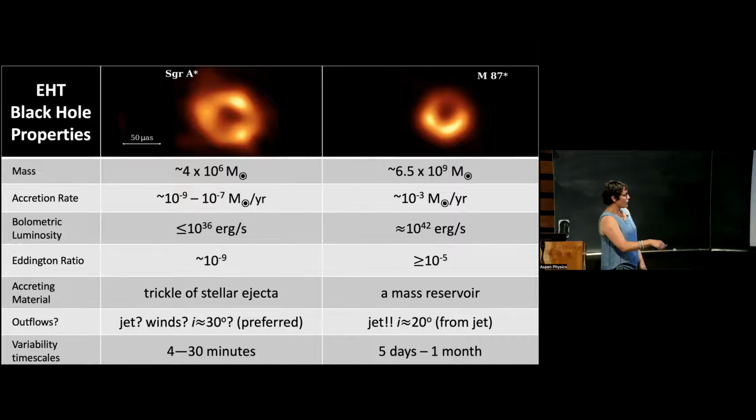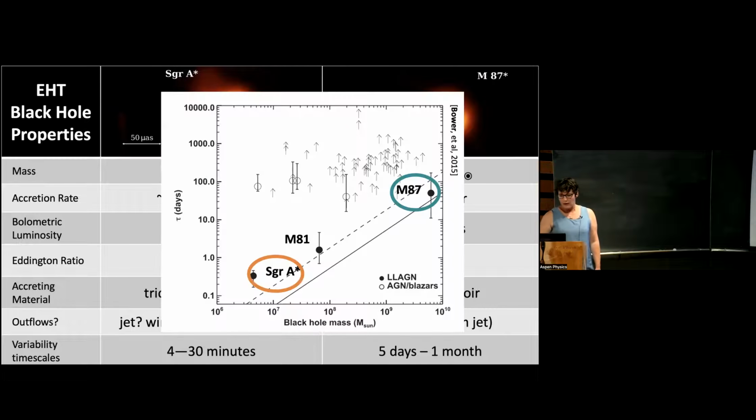And there are a bunch of other metrics and other ways in which they're the same and different. I want to spend just a minute talking about the time scales on which they vary. These time scales end up being extremely important for us as observers trying to capture images of these black holes. The other properties are important for understanding the physics and the general relativity in the vicinity of the black hole, but as an observer, the time scales on which they change end up being very interesting.